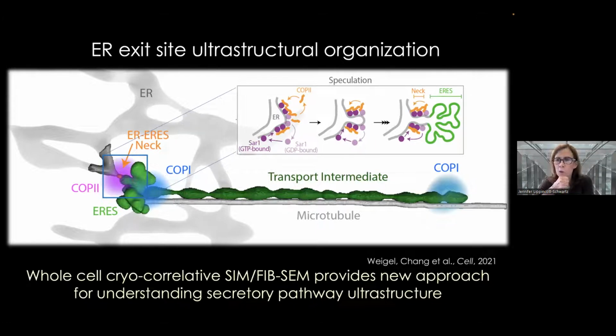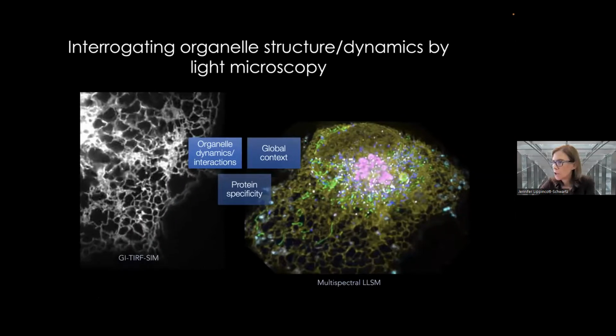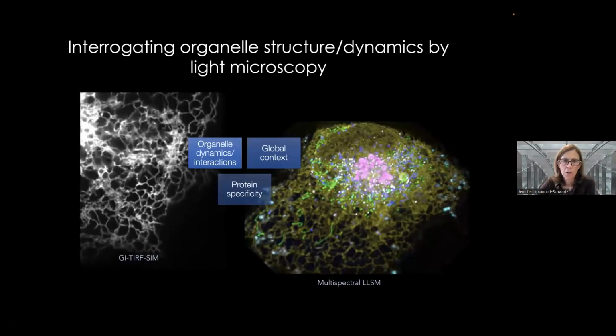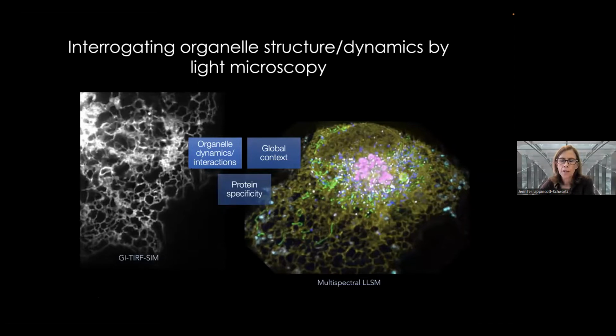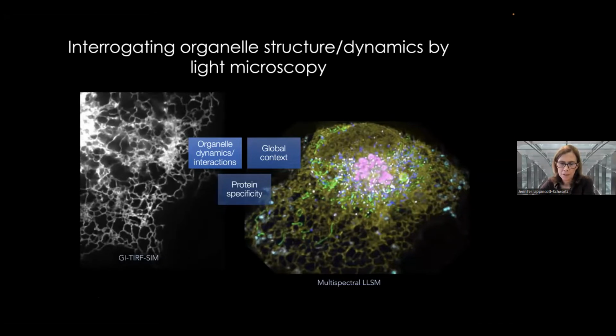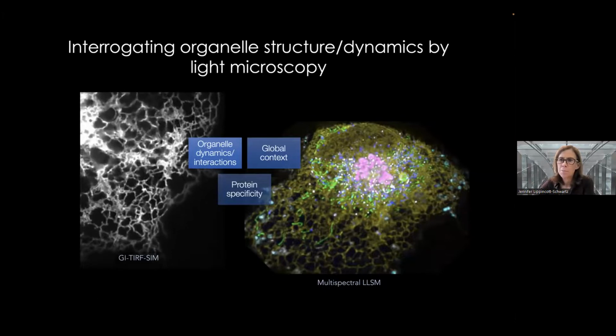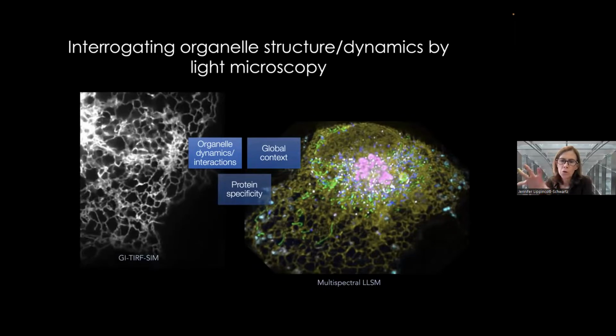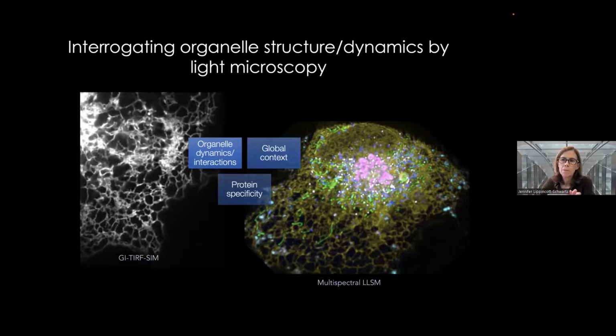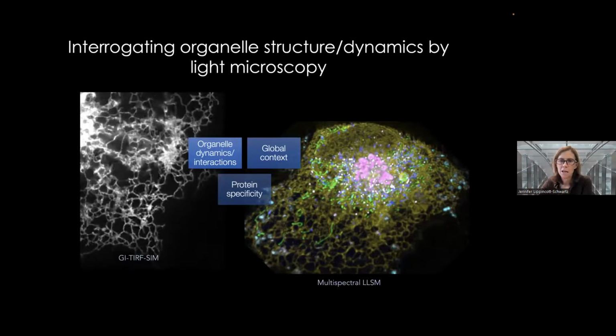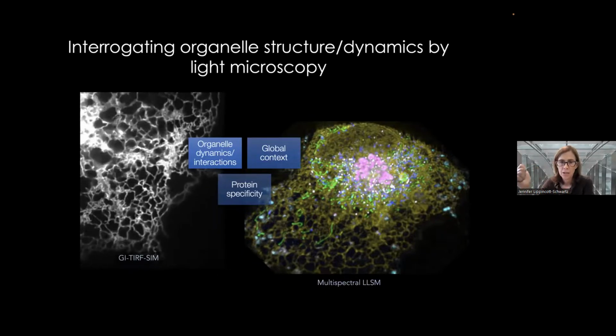What we don't have a grasp on yet is exactly how those biochemical pathways are linking to the actual ultrastructure of these membranes in whole cells. So for the last 10 minutes of my talk, I now want to shift to interrogating organelle structure and dynamics by light microscopy. As I mentioned at the beginning of my talk, this approach provides some things you can't get from EM, like dynamics.